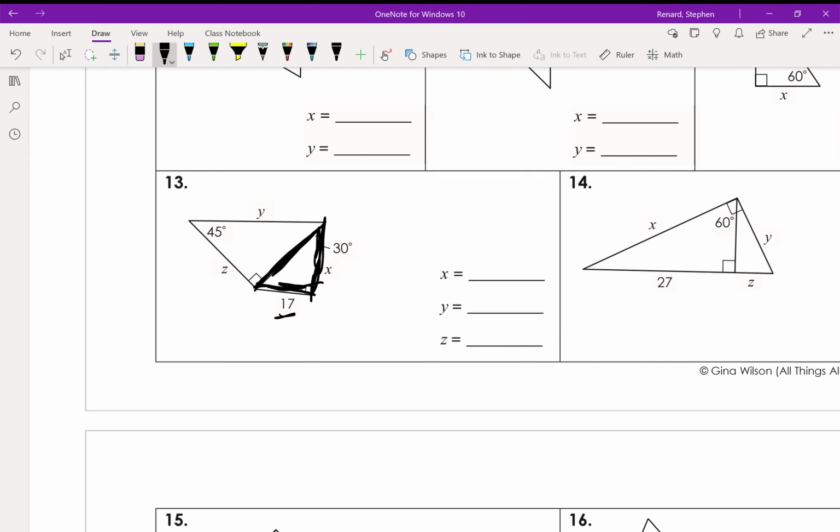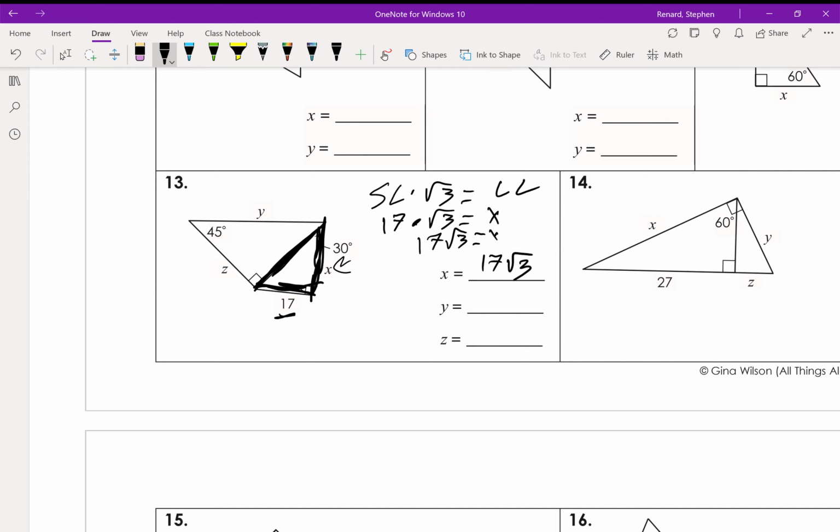It's a 30, 60, 90 triangle. Our short leg is 17, and x is our long leg. We know that our short leg times the square root of 3 equals our long leg. So 17 times the square root of 3 equals x, or 17 radical 3 is equal to x, so we just drop that in there.